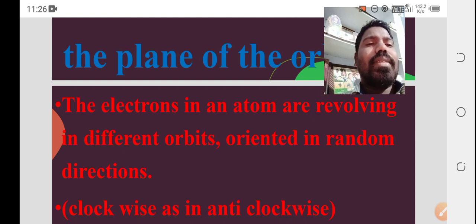The electrons in an atom are revolving in different orbits oriented in random directions.